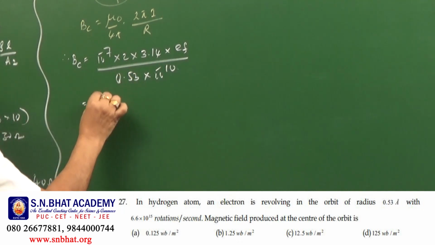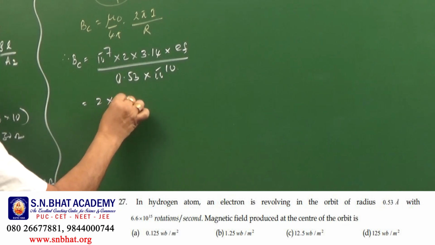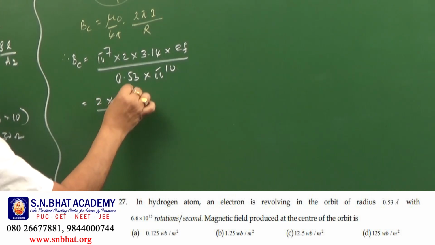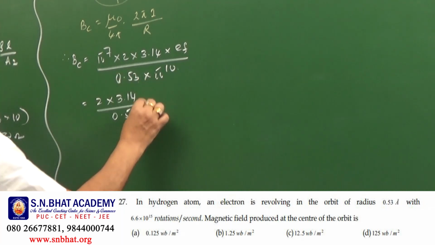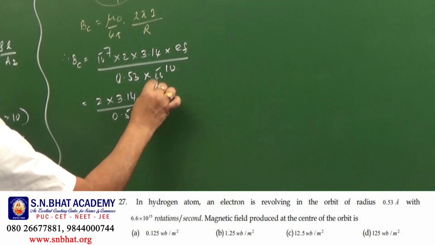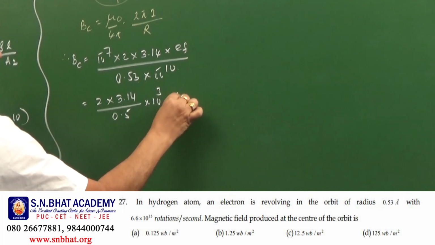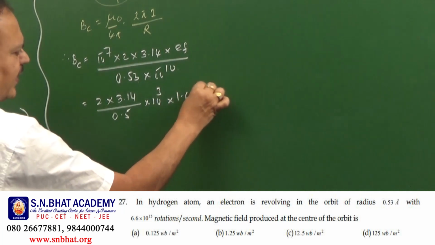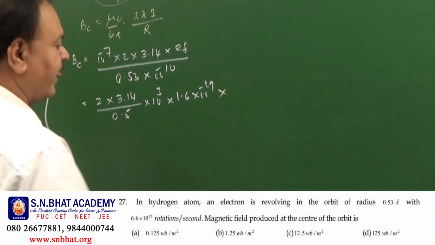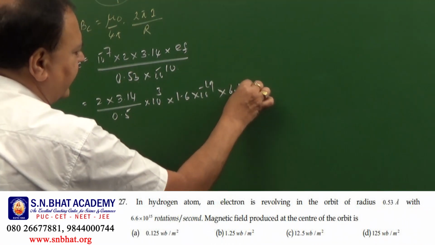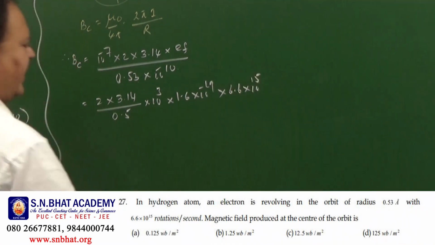Now you rearrange these terms. It is 2 into 3.14 divided by 0.5, approximately, into 10⁻⁷, into the electron charge 1.6 into 10⁻¹⁹, into the frequency he has given as 6.6 into 10¹⁵. You again rearrange these terms.